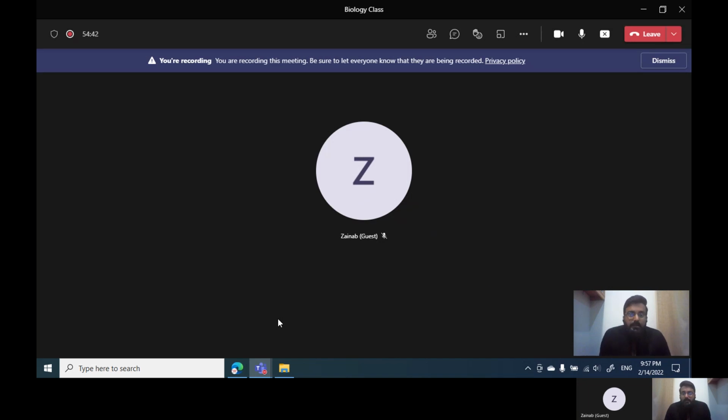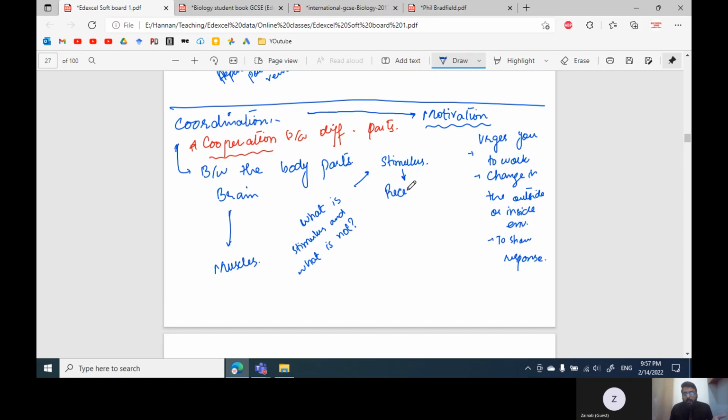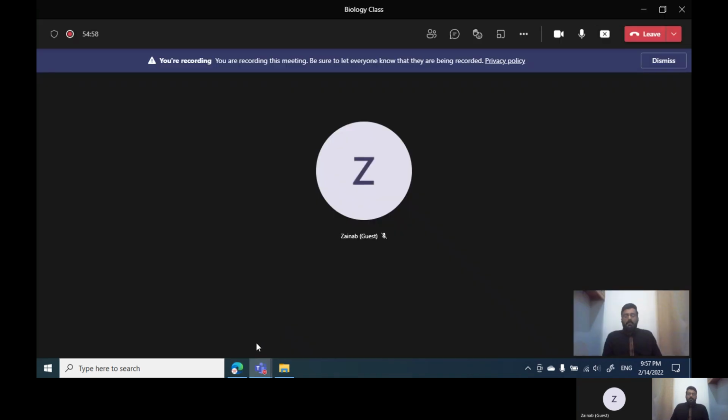Because there are some smells that are not stimuli for the human. Why? The humans do not have the receptors for that particular stimulus. The second thing that must be there is the receptor. If light is coming to my eyes and I do not even have the receptors to receive that light, I would not be able to perceive it.